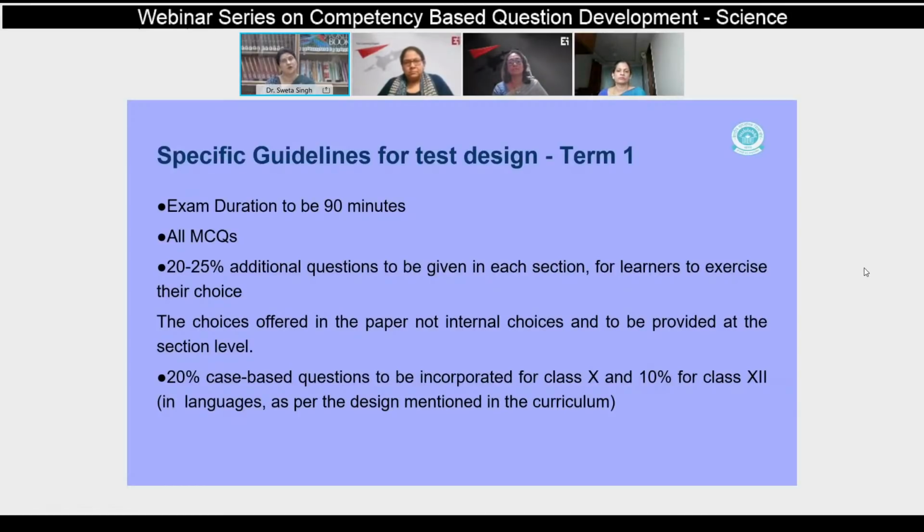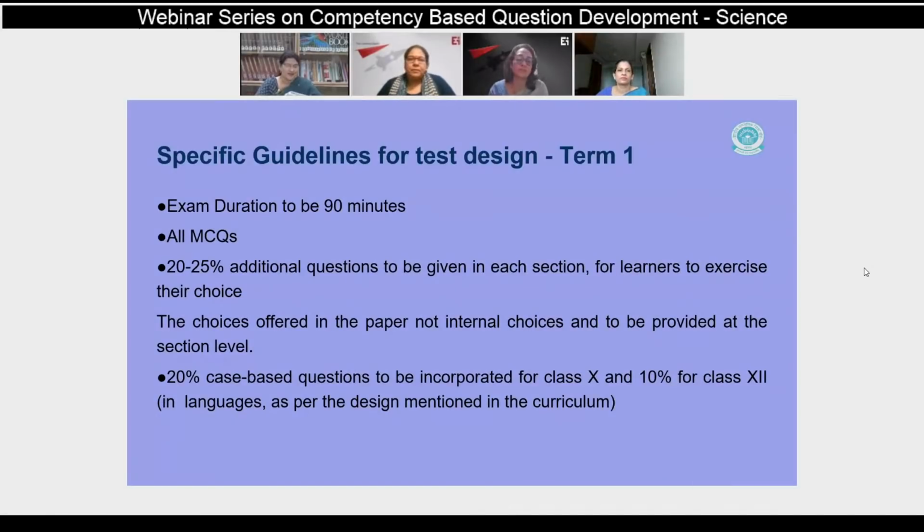That means you would not have questions that say attempt question 14A or 14B. Rather, there would be a set of questions in each section, and the students would be asked to attempt X number of questions in each section. Besides this, 20% case-based questions would be incorporated at class 10 and 10% at class 12.